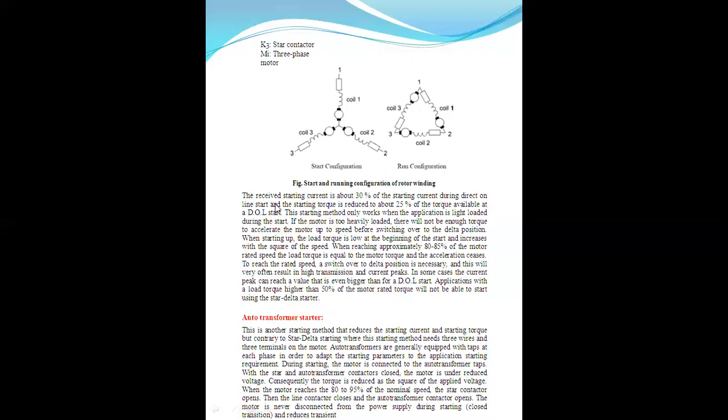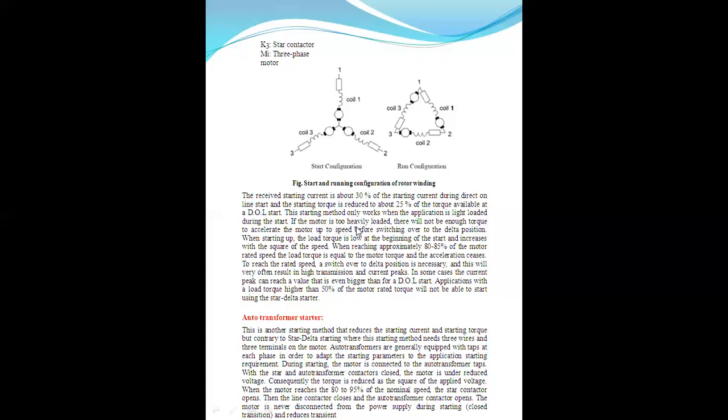Hence, the starting current is about 30% of the starting current during the direct online start, and the starting torque is reduced to about 20 to 25% of the torque available at DOL start. This starting method only works when the application is light loaded during the start.